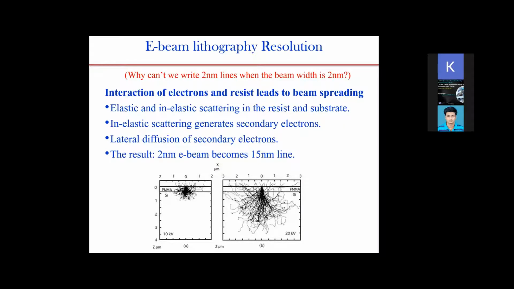You can see there is some diffusion of the secondary electrons on both sides. Obviously that will happen. So even if your spot size is only 2 nanometer, there will still be interaction of the resist with the secondary electrons on the sides. If you increase it to 20 kV or 30 kV, you can easily see the diffusion increases, and obviously that will increase your dimension.